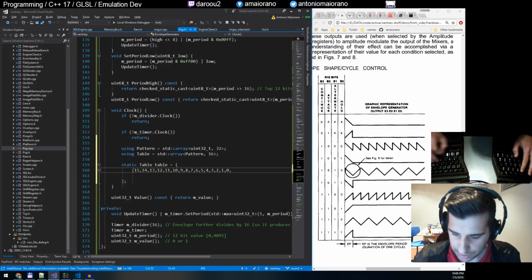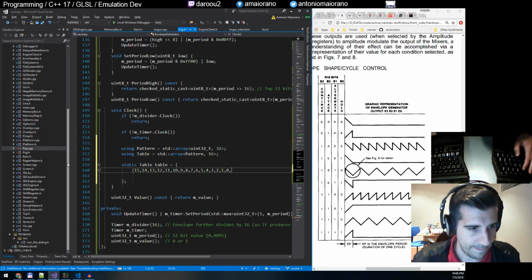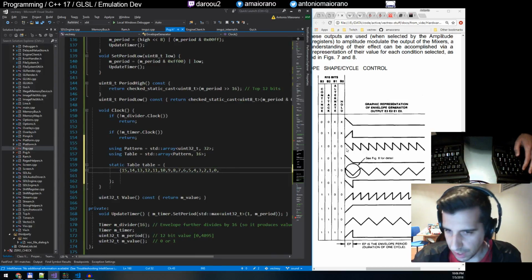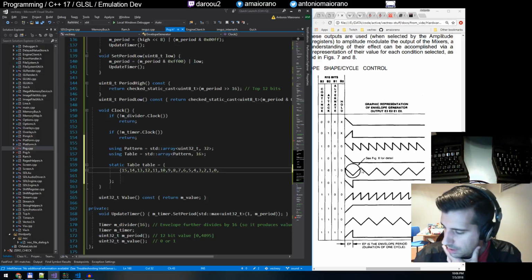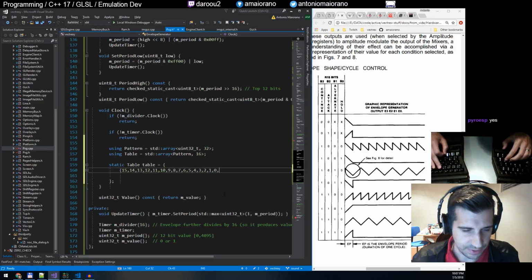That's 16 values, and then zeros for the rest. One thing I wonder is, down here, will there be two successive zeros? There will be. Pyro says yes, so we'll go with that. And then we'll go with 16 zeros.